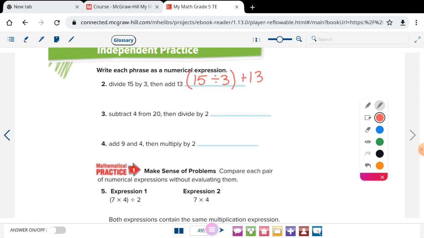Number 3 says subtract 4 from 20. Brody, what does that look like? That's subtracting 20 from 4. Be careful, you got to read carefully. So what would it have to be? Subtract 4 from 20.